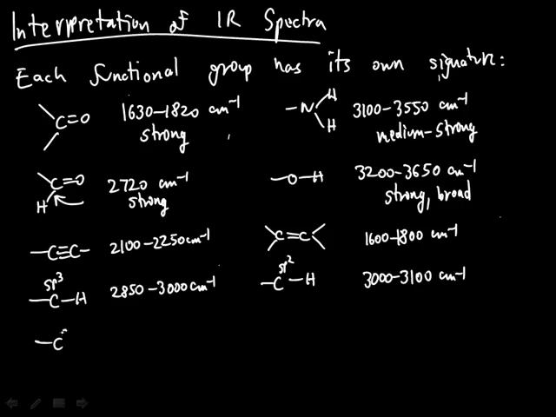And finally, sp carbons will be around 3300, and they should actually be relatively strong vibrations, so medium to strong. And so what we do basically is we look for these specific pieces of information in our spectrum and try to piece together the structure it's coming from.